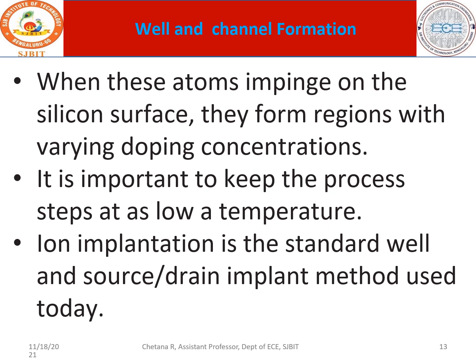It is important to keep the process steps at a very low temperature. Doping is done by two procedures. One is diffusion and the other one is ion implantation. Diffusion is normally heating the wafer to a very high temperature and putting it inside the furnace.